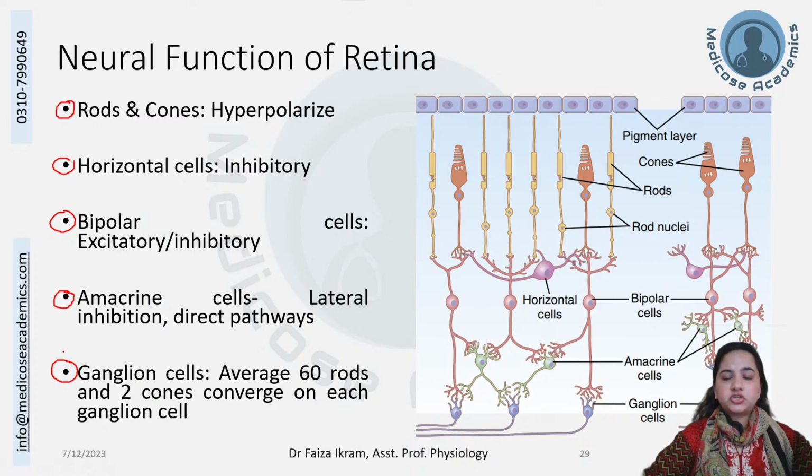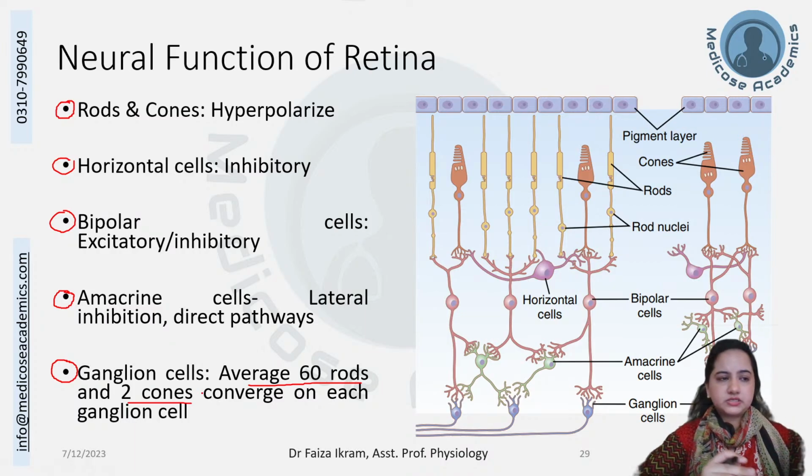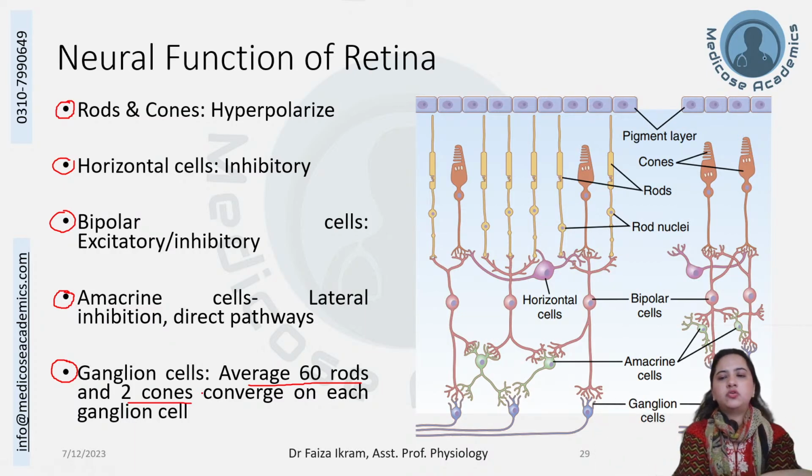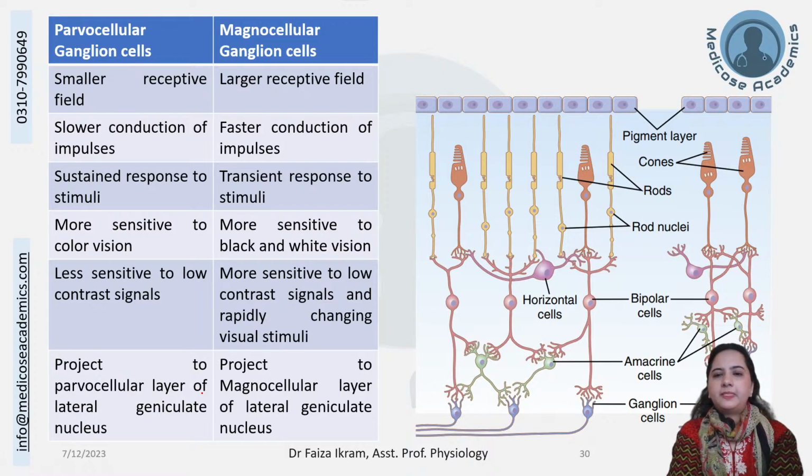If we look at the proportional number of rods, cones, and ganglion cells, on average, there are 60 rods converging on one ganglion cell in comparison to cones converging on each ganglion cell. Rods are so many as compared to the cones. Convergence is much more among rods as compared to the cones. Retinal ganglion cells are of two types among humans: parvocellular ganglion cells and magnocellular ganglion cells.